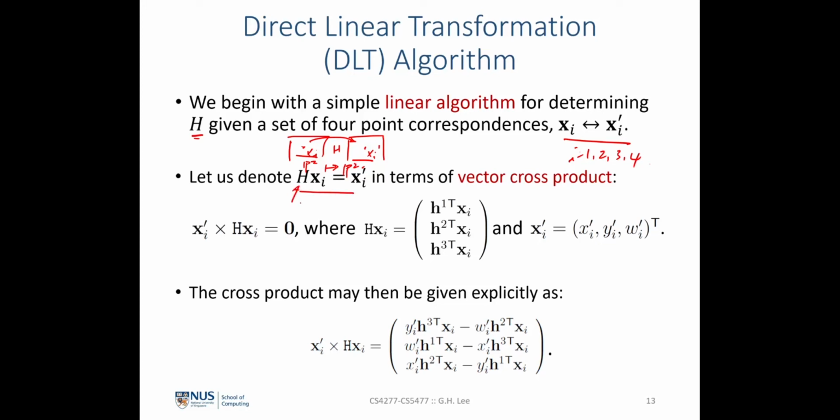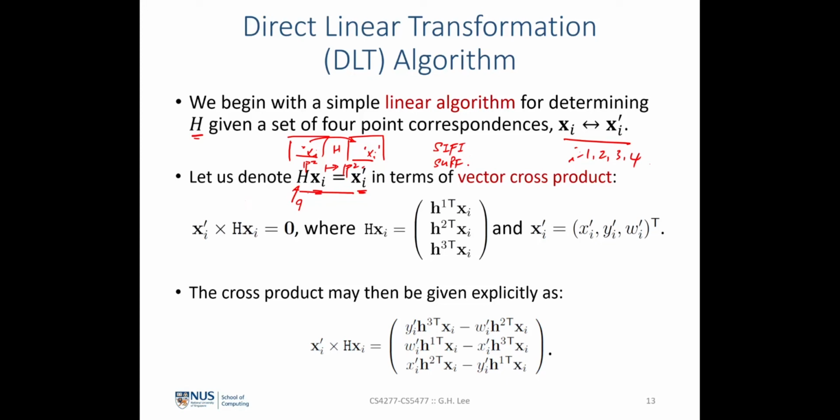So there are altogether 9 entries over here, where only 8 of them matter because the scale cannot be found. And here, xi and xi prime are the 4-point correspondences that we can obtain from the image correspondences using something like the SIFT algorithm or the SURF algorithm, which I will not cover in detail in this particular module.